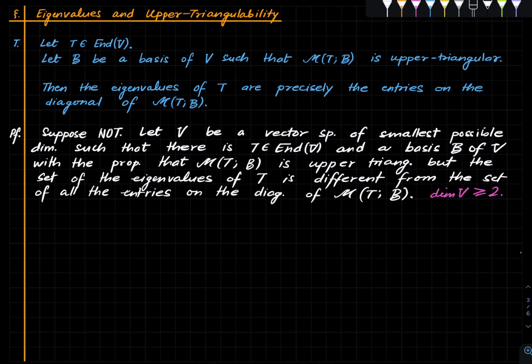All right. So say the basis is v1 up to vn, and the matrix of T with respect to B is something like this.